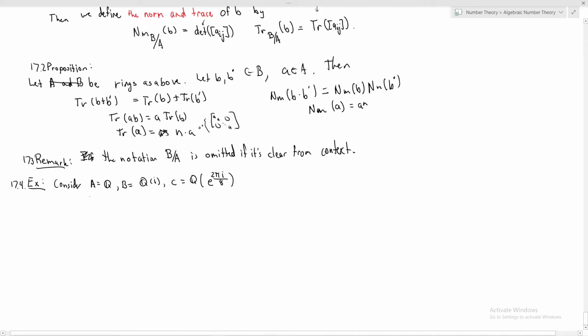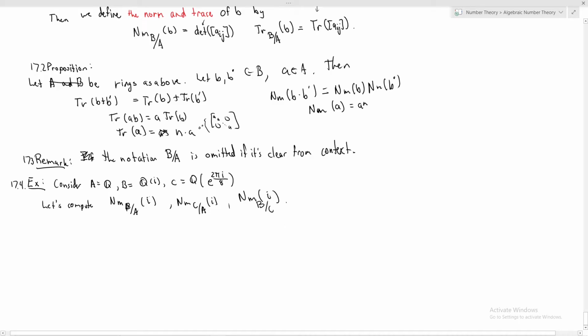And what I want to do is let's compute the norm from B to A of something simple. Let's just do the norm from B to A of i, and let's compute the norm from C to A of i, and the norm from C to B of i.